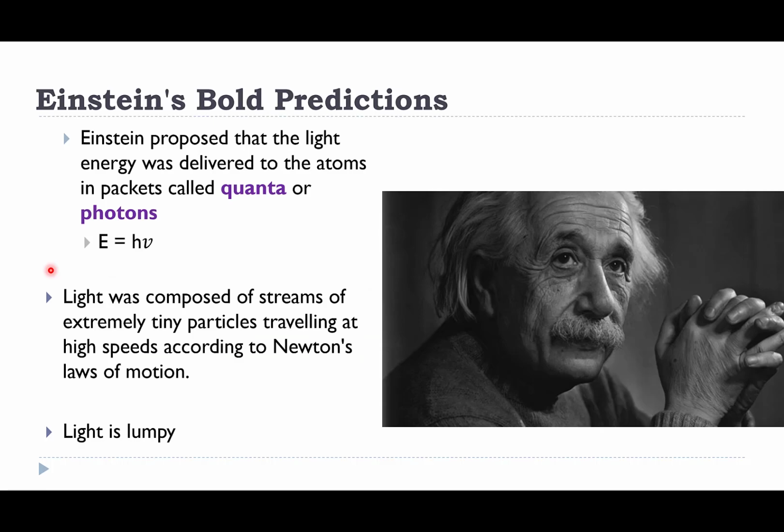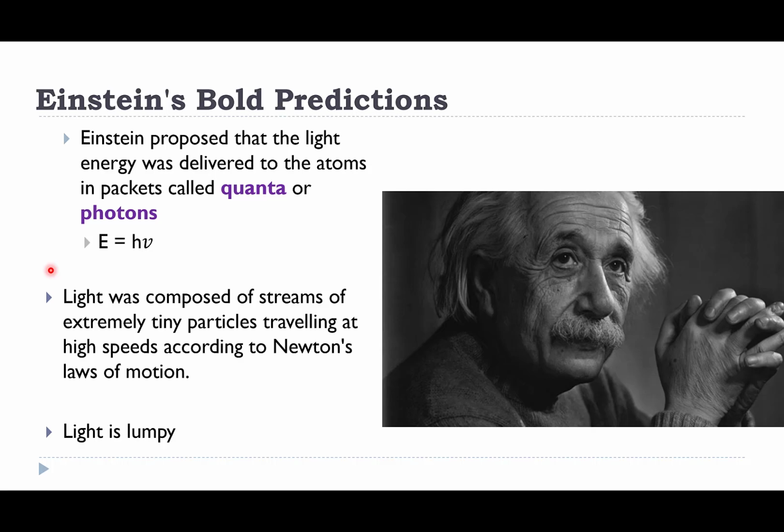What's going on? Well, you know when Einstein shows up on a slide, things are about to get real. So here's what Einstein had to say. Einstein proposed that light maybe wasn't a wave, but instead maybe it's like little packets of energy.